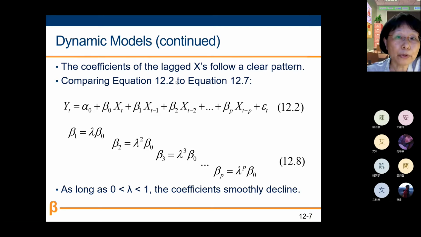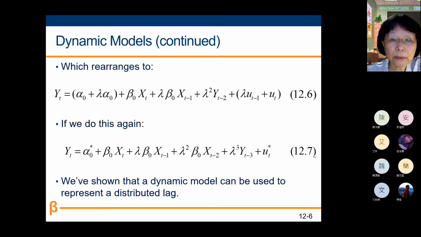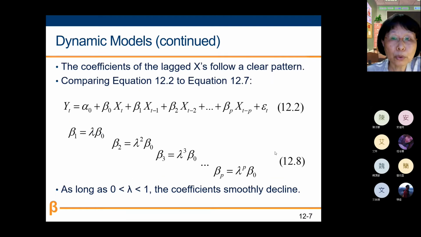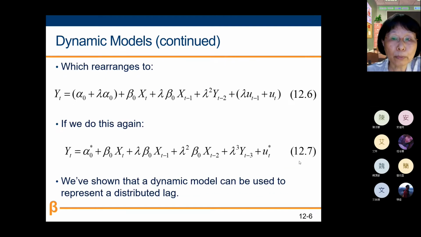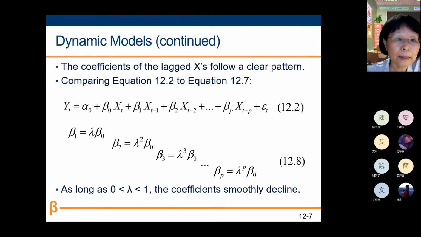Then comparing 12.2 to 12.7, we know that beta 0 was the original xt, and then beta 1 can be expressed as lambda times beta 0.